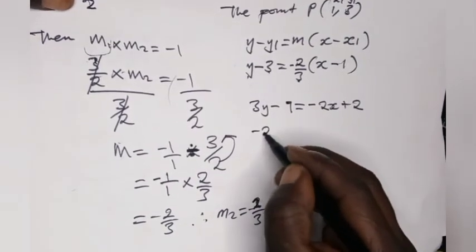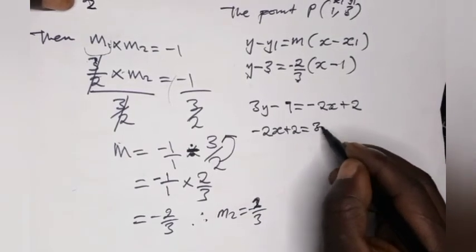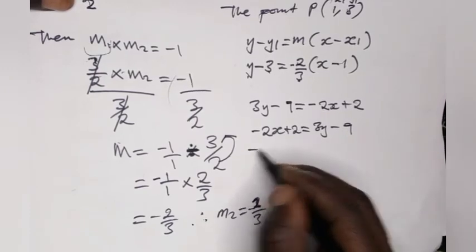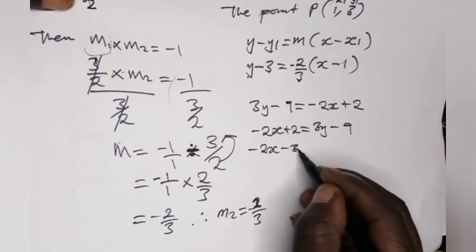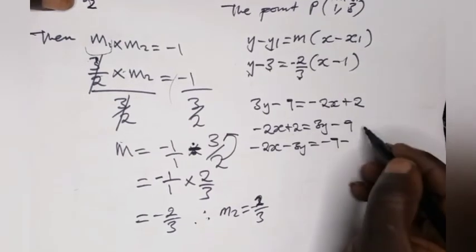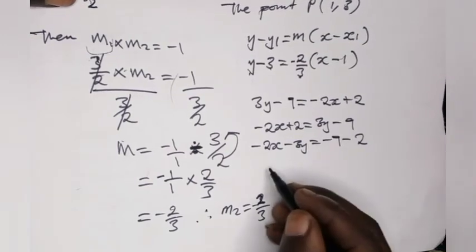Then we are going to make x the subject of the formula. So negative 2x plus 2 equals 3y minus 9. Then minus 2x minus 3y, when y comes to this side, equals minus 9. When 2 goes there, it will be negative 2.